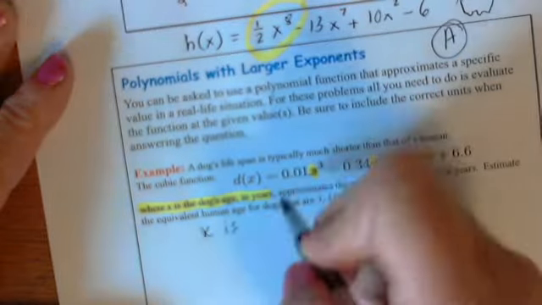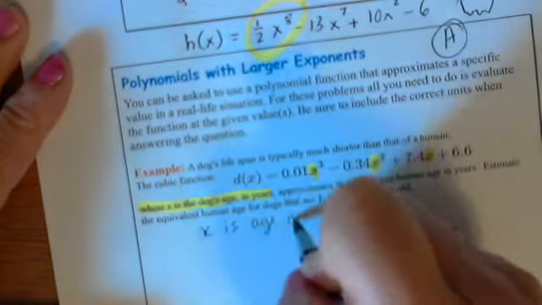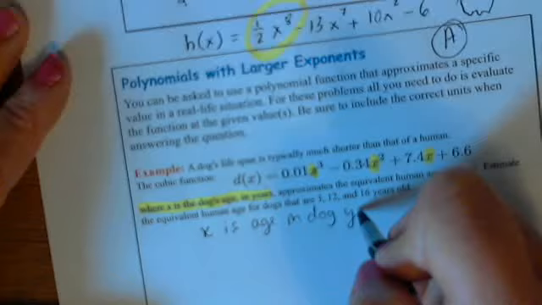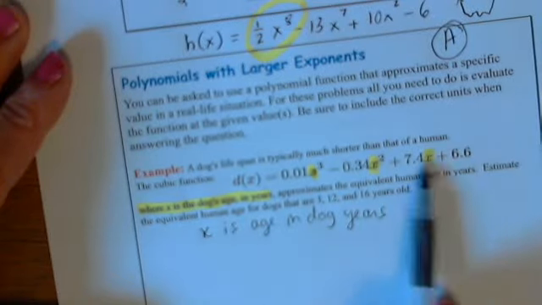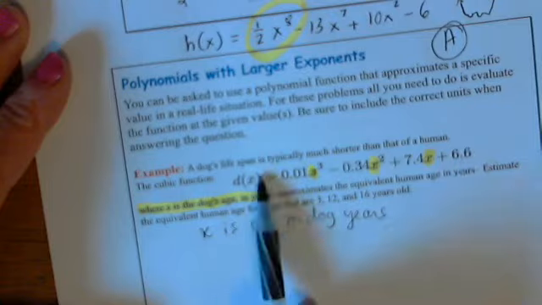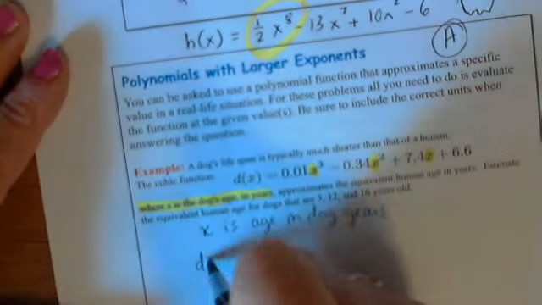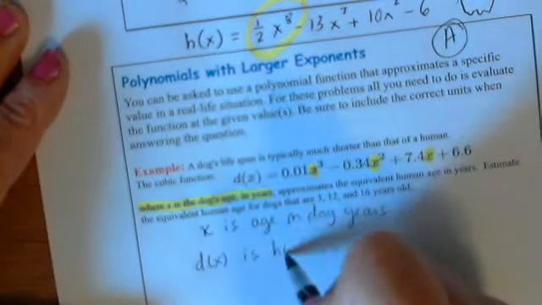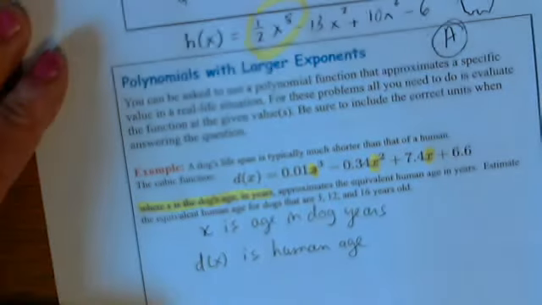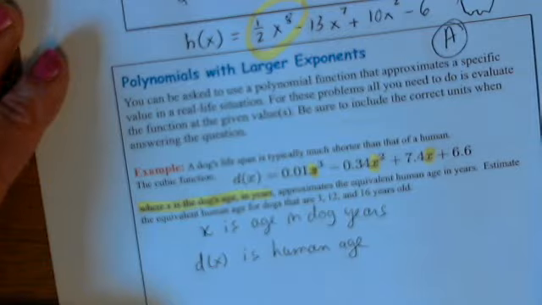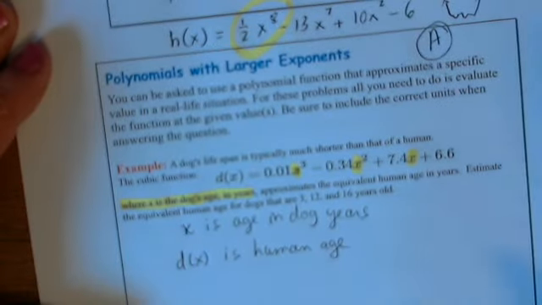X is age in dog years. And you're going to use that. This is going to calculate the human age. So d of x is human age, the equivalent human age. So if you can identify those two things, these problems are usually very easy.